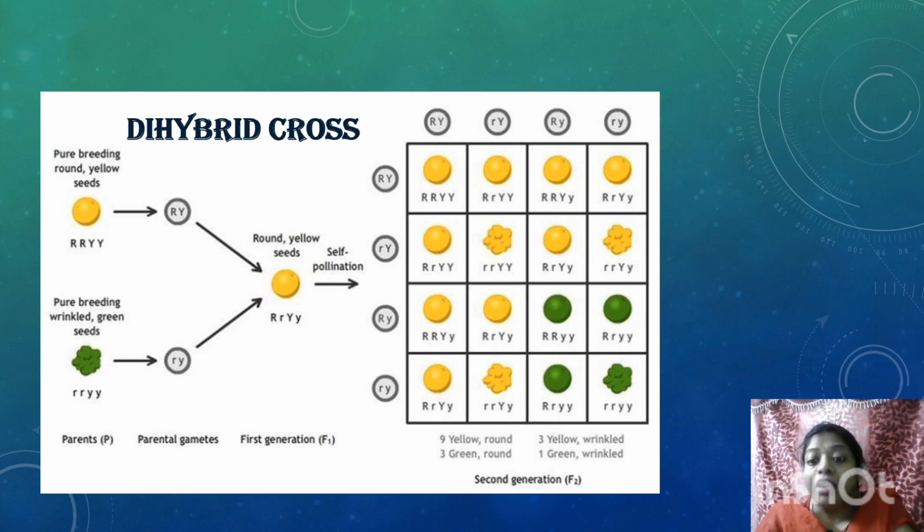And 1 is green wrinkled, which is the pure recessive character. Hence he concluded the experiment with the phenotypic ratio 9:3:3:1.